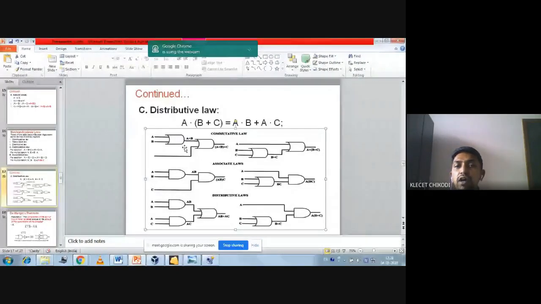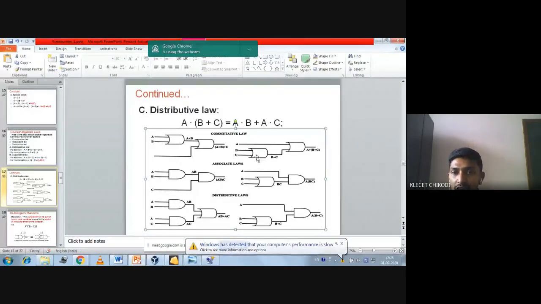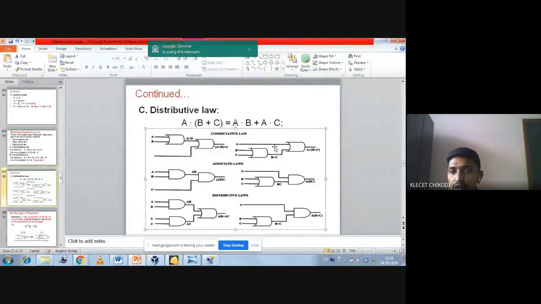Previously, they gave the C input directly to the second gate. Now they are giving the A input directly to the second gate, and B and C as the inputs to the first gate. So the output of the first gate will be B plus C. That output is connected to the second gate.